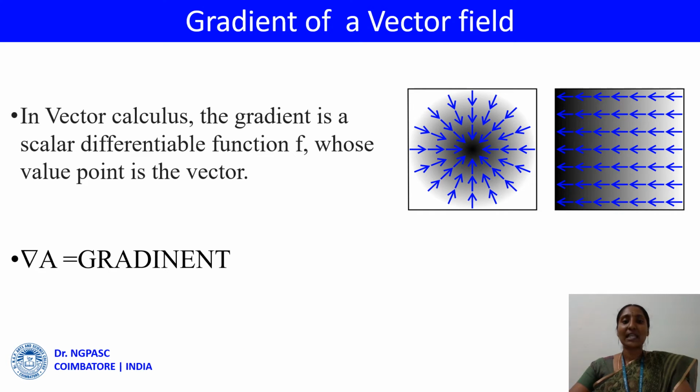We can see an example of this gradient. Consider a room where the temperature is given by a scalar field T. At each point in the room we take Cartesian coordinates x, y, z, and the temperature T at each point is independent of time.